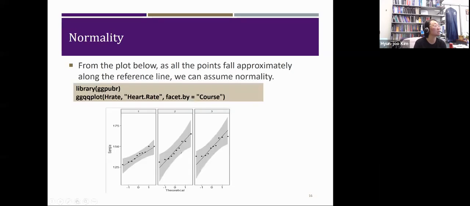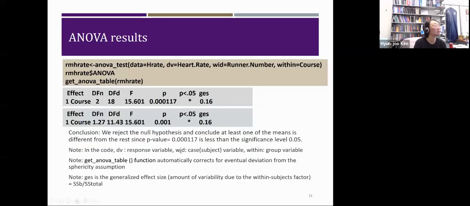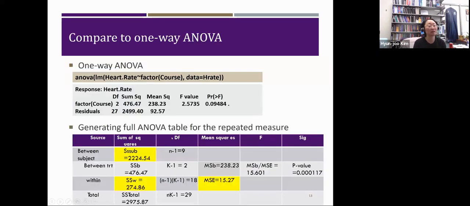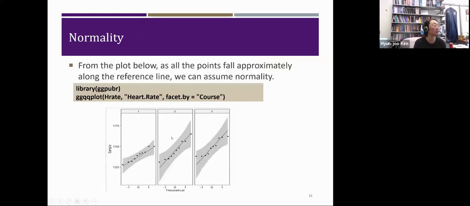You can actually see the similar results right here. Remember that depending on whether we were using the anova_test function or the get_anova_table function, there's a little bit of discrepancy, but the results weren't that much different. That's because all the assumptions, in particular sphericity, are not really violated seriously in this particular example.